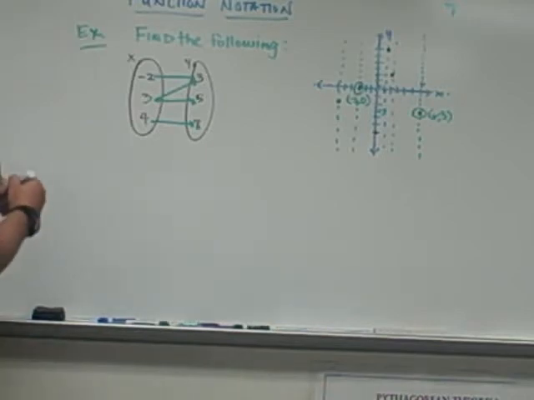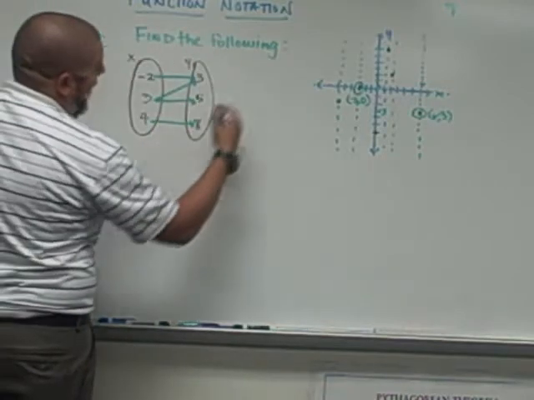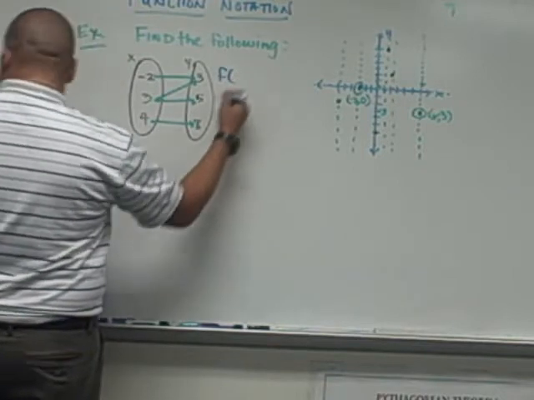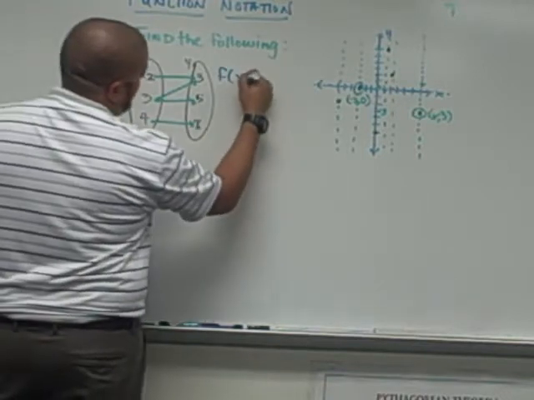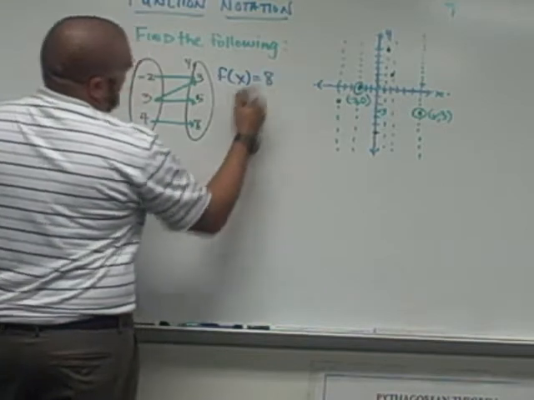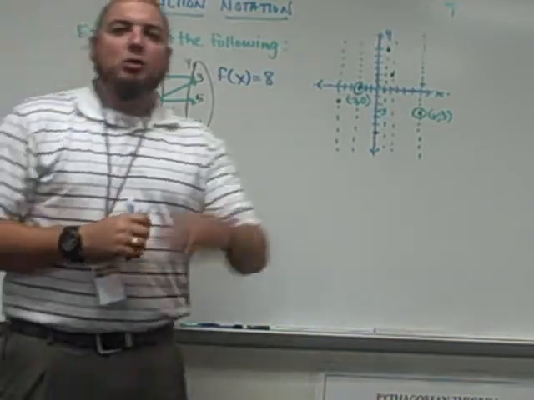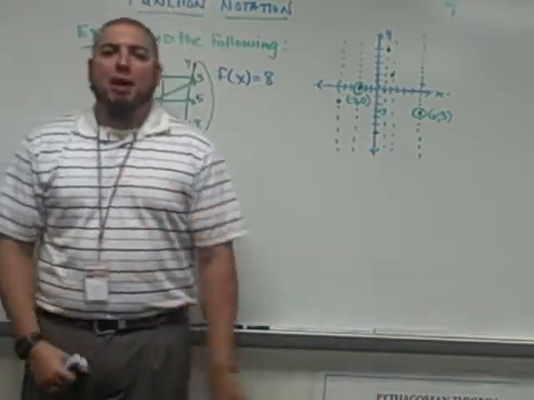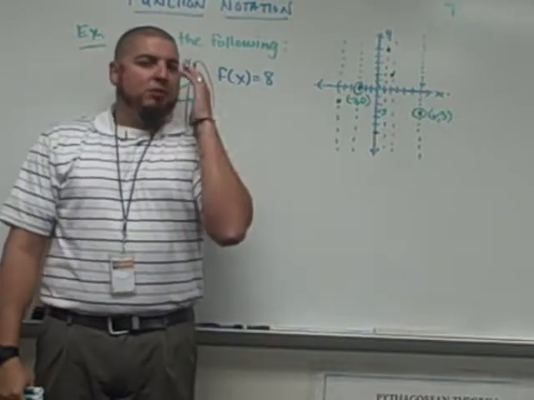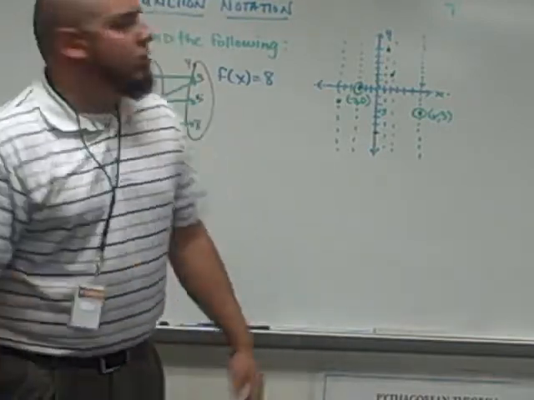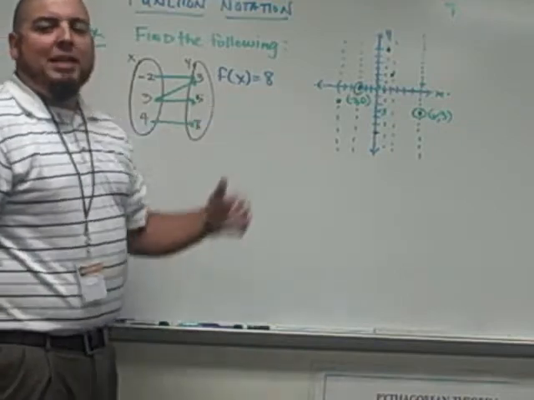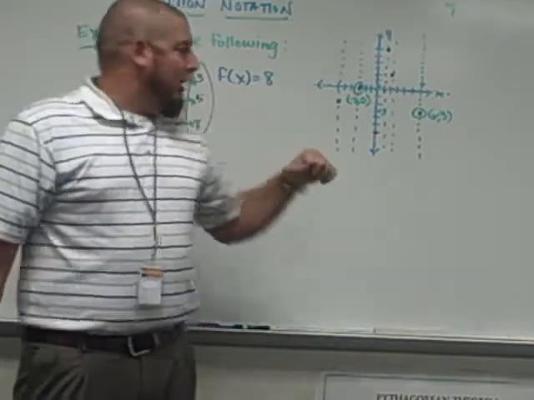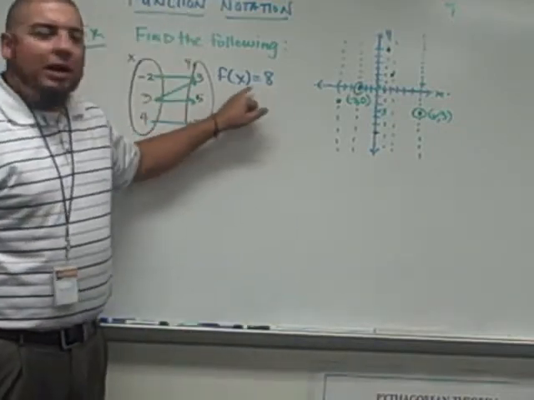Now, again, using our function notation, if it says find f of x equals 8, what value are you given now? Are you given the x value or the y value? If you said the y value, you'd be absolutely correct. This is the y value, so I need to find y being equal to 8 and figure out what its x value is.